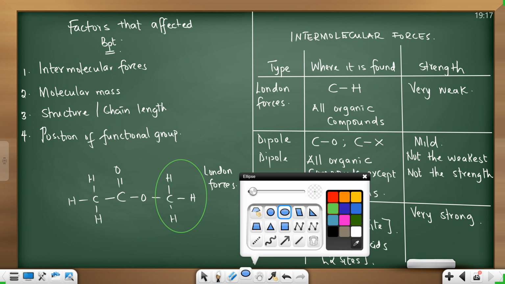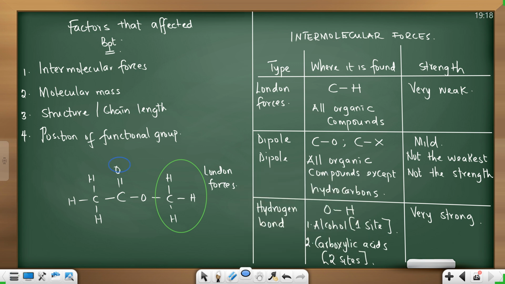What are we going to have here, in the middle there? I think we're going to have dipole. Dipole what? Dipole. Remember, on the left hand side again, what do you have? London forces. Good.